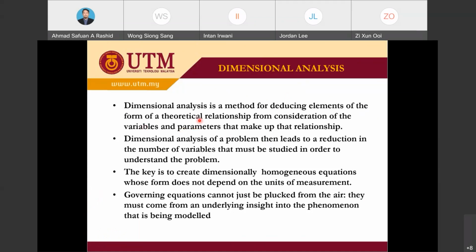It should be based on a theoretical approach, so we need to refer to any theoretical concept related to the problem. Dimensional analysis of a problem then leads to a reduction in the number of variables that must be studied in order to understand the problem.